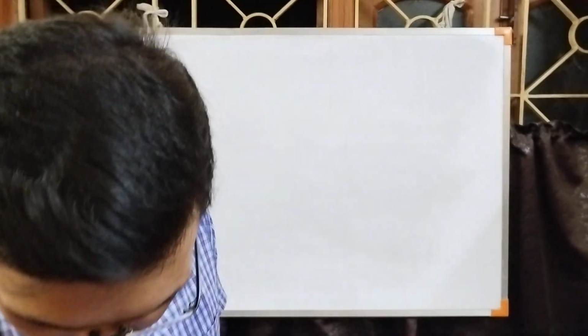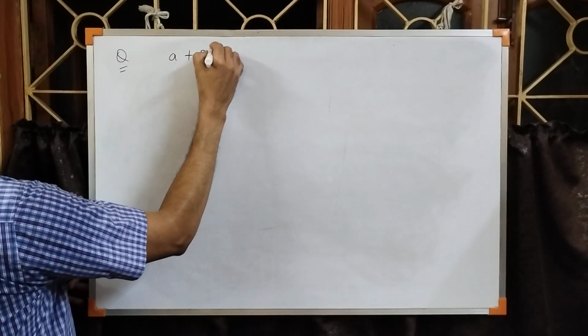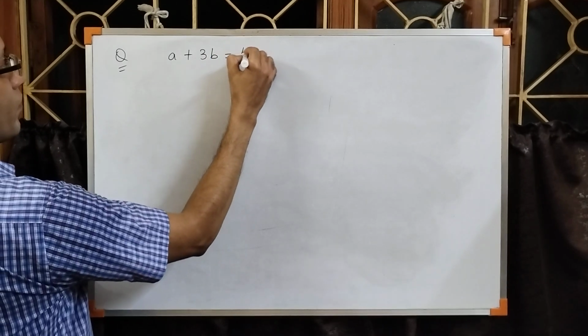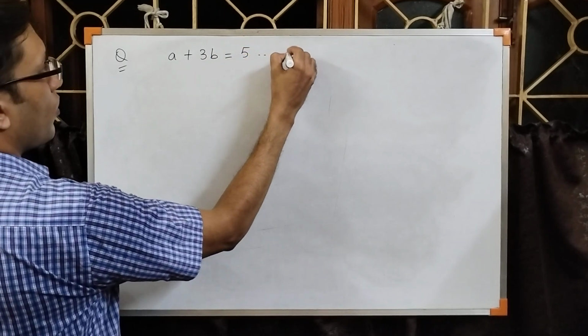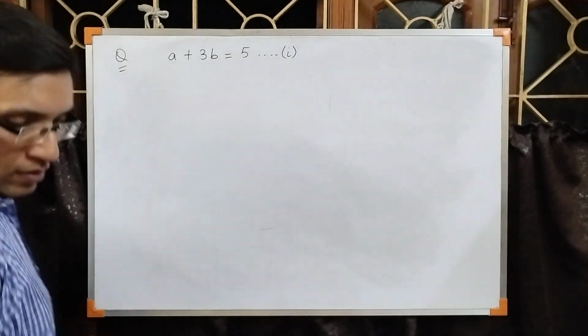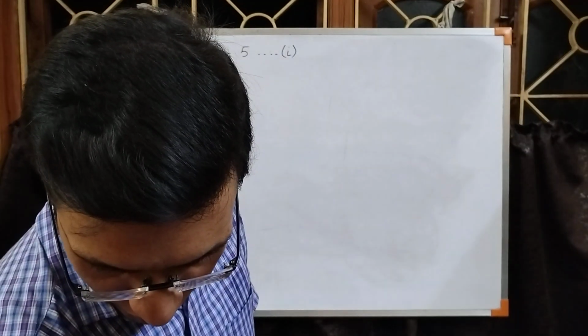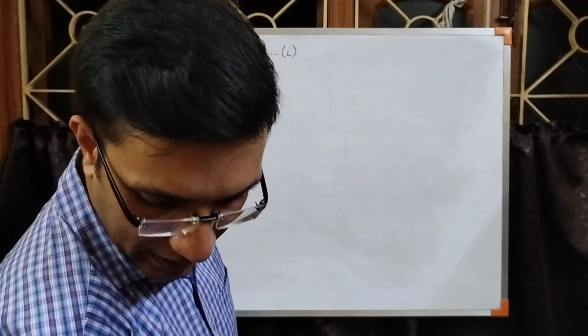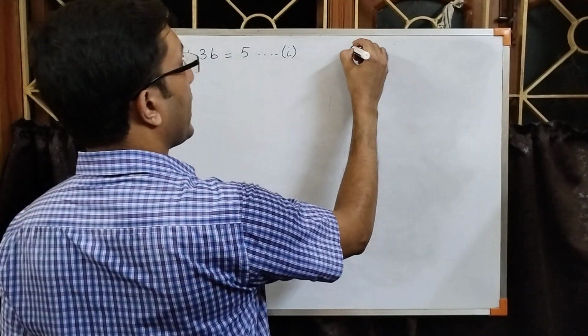So it is given a plus 3b equal to 5. This is our equation number 1. And our equation number 2 is 7a minus 8b equal to 6.